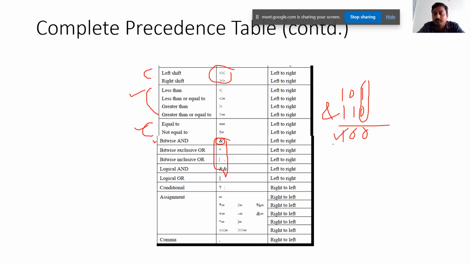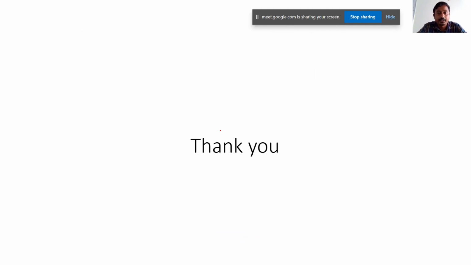So the result would be 4. This is regarding bitwise AND, then bitwise exclusive OR. Then we have the logical AND operator, we have seen the conditional operator, and finally the assignment operator. We have seen the compound assignment operator also. The operators that we have seen are the important ones. You need not worry about the bitwise operators, they are very rarely used.